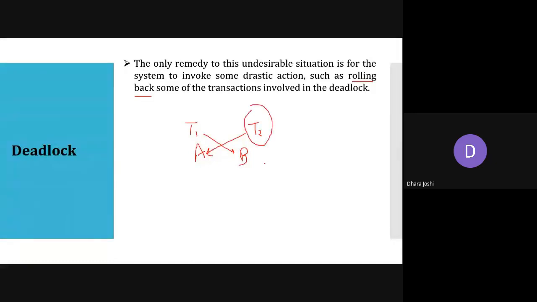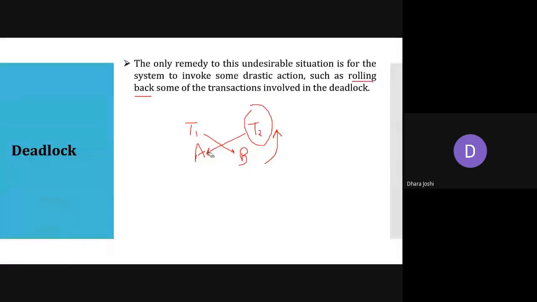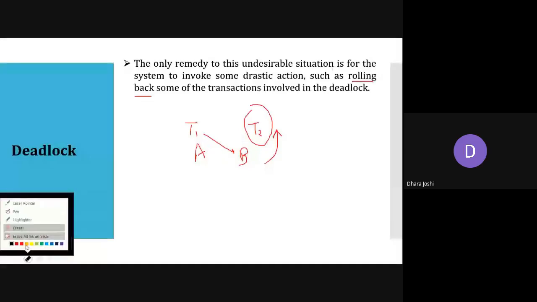So previously, whenever T2 have acquired a lock on data item B, we are going to roll back this transaction. So now data item B is free. So T2 is no more. So data item B is free. And that's why T1 can have both the data items. T1 can complete the task and unlocking these two data items.